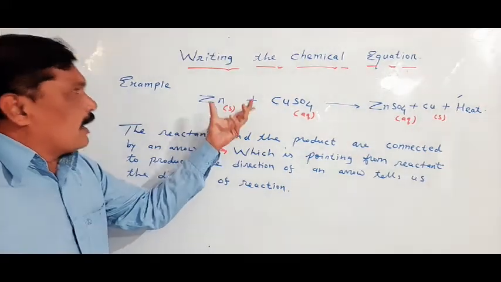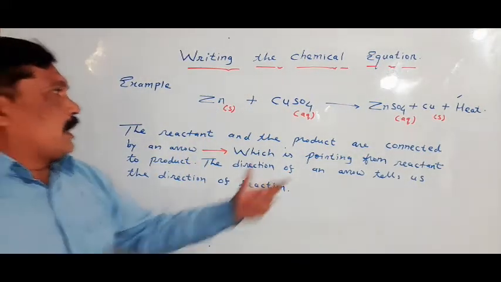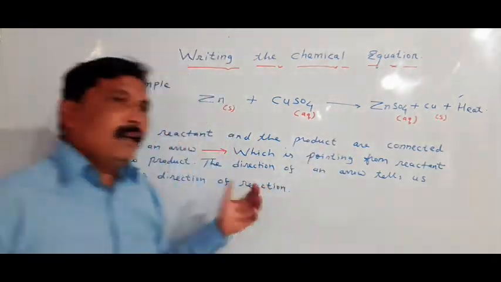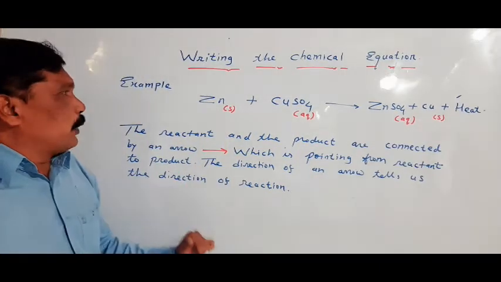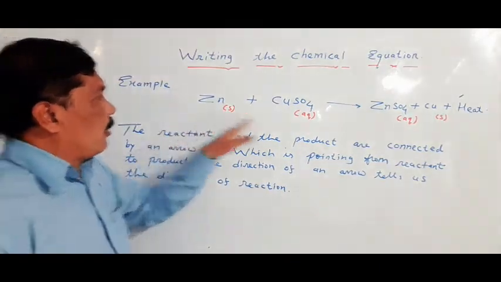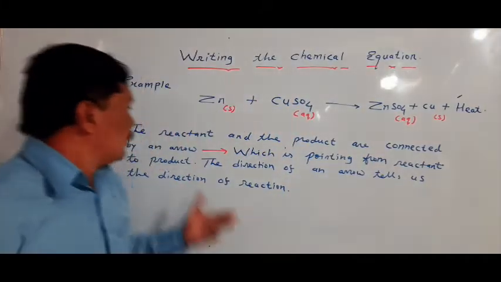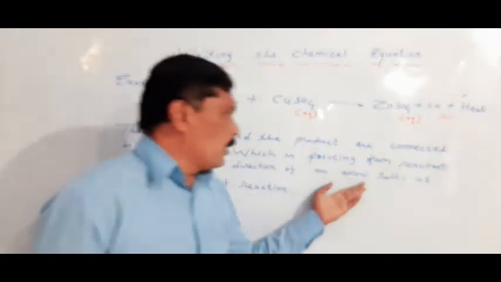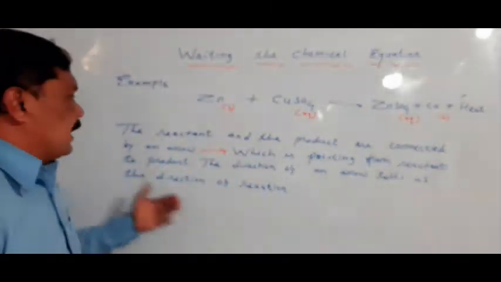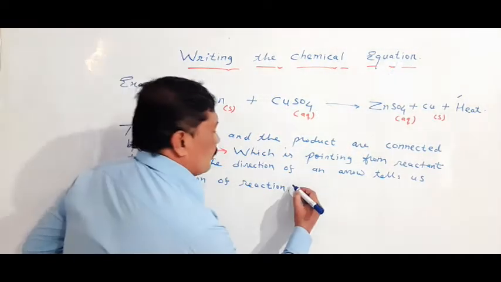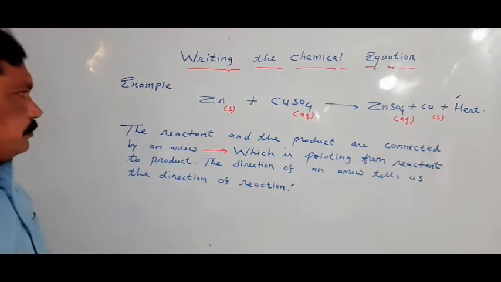The product and the reactant are connected by an arrow which is pointed from the reactant towards the product. The direction of an arrow tells us the direction of reaction.